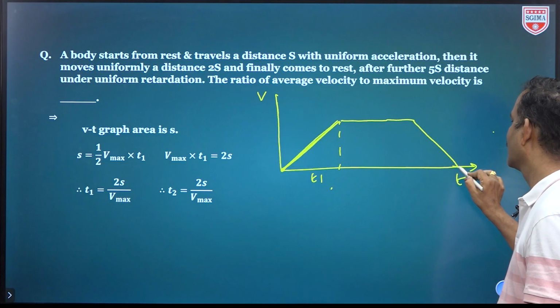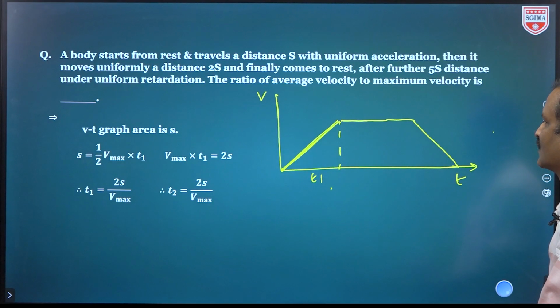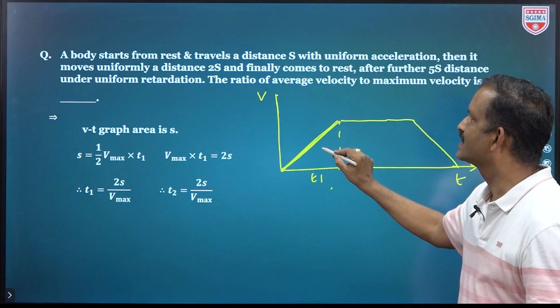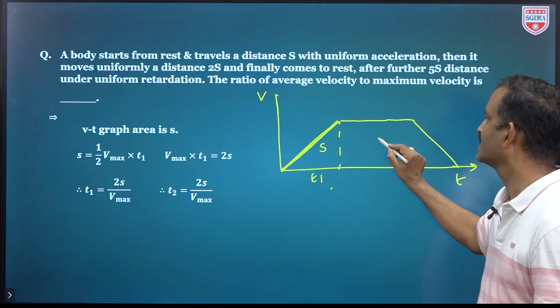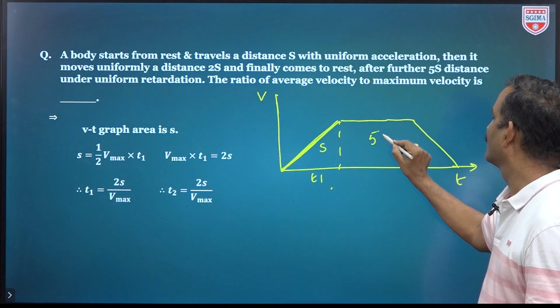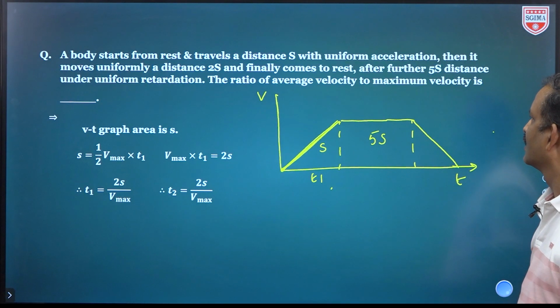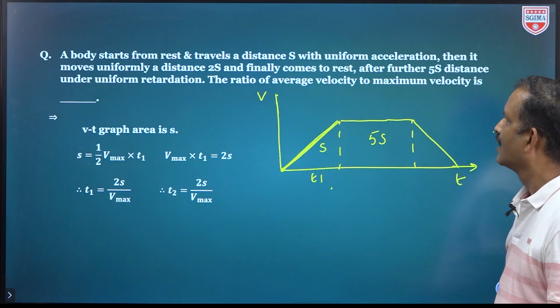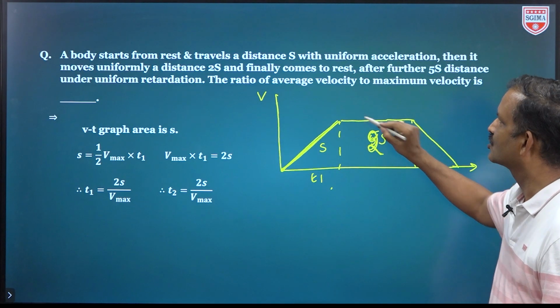Velocity time graph for uniform retardation is in this way. So this distance is s, this area gives this distance, this area is 2s.